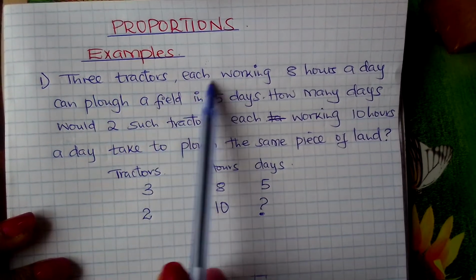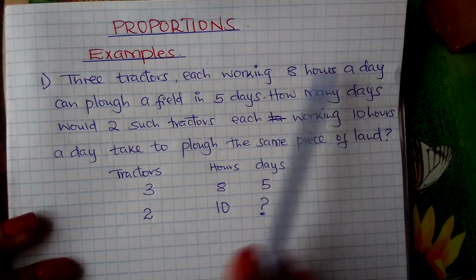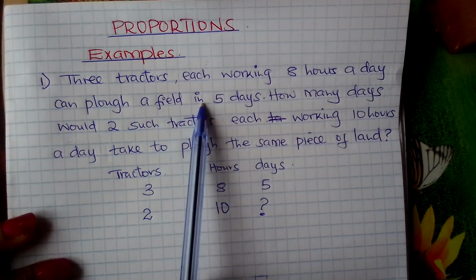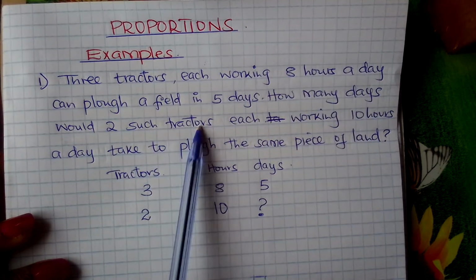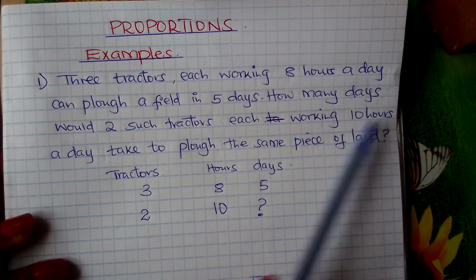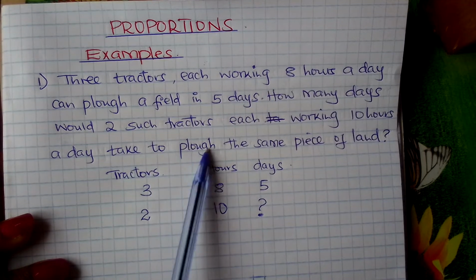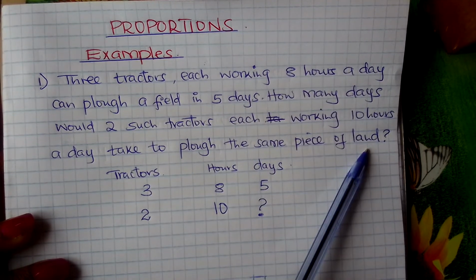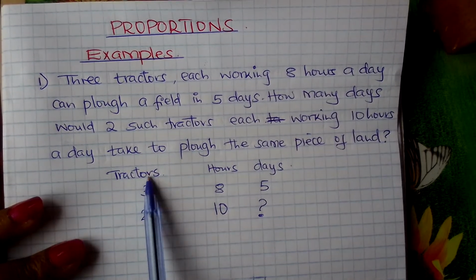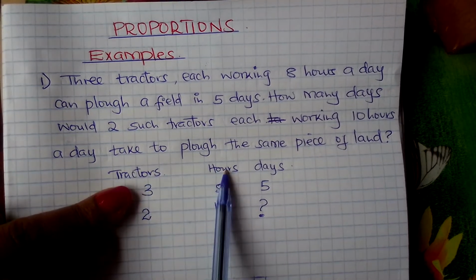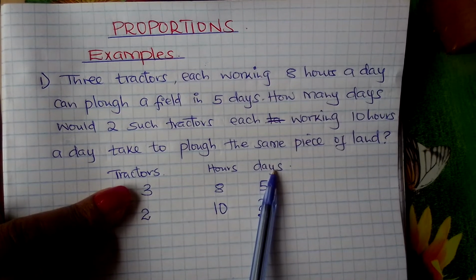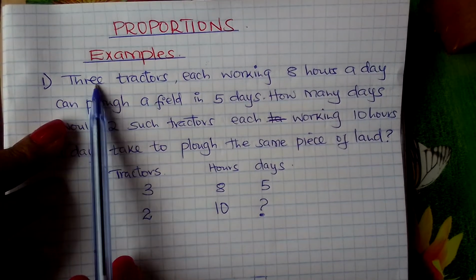3 tractors, each working 8 hours a day, can plow a field in 5 days. How many days would 2 such tractors, each working 10 hours a day, take to plow the same piece of land? Learner, you normally come and fix 3 columns for tractors, for hours, and for days. We are talking about 3 tractors.